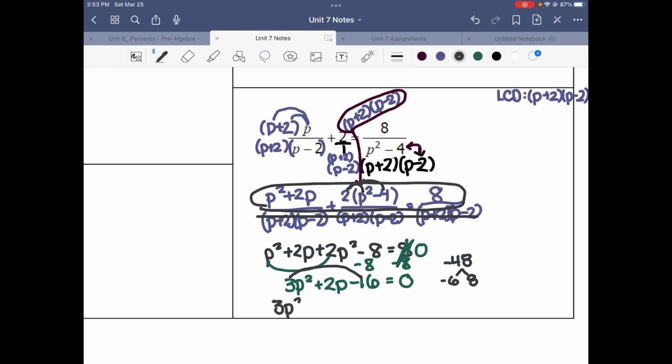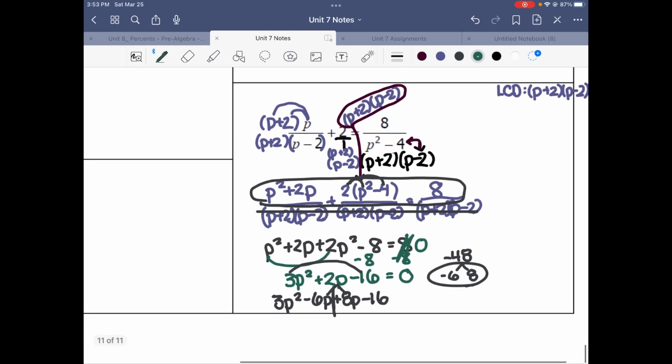You keep the 3p squared and the minus 16. But instead of writing 2p in the middle, you're going to write negative 6p and 8p using these two numbers. And then you can split that in the middle. You can take out 3 and p on the first one, leaving you with p minus 2.